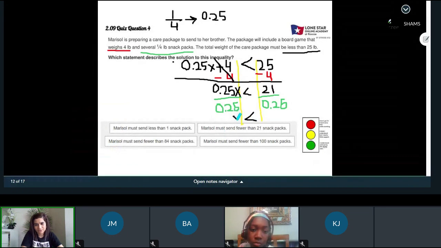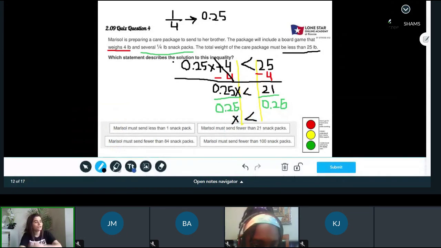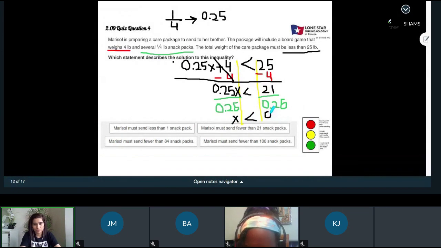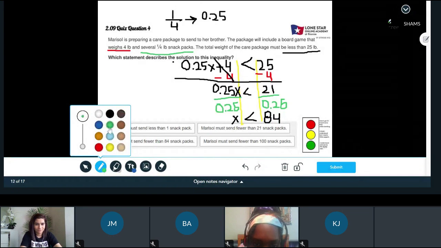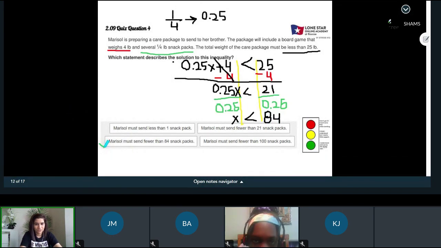Here we have x. 21 divided by a quarter, or how many quarters can go into 21? 84 quarters can go into 21. So x is supposed to be less than 84. There is no A, B, C, D, but I can just mark it like this.